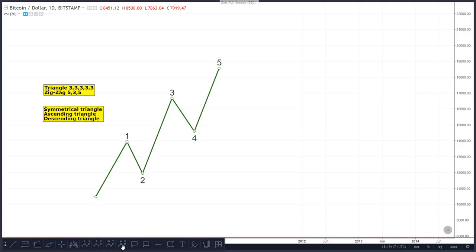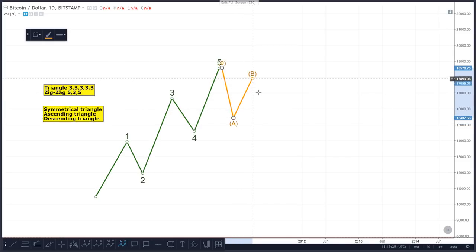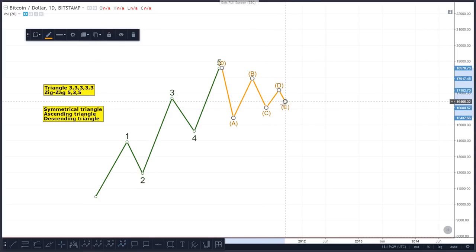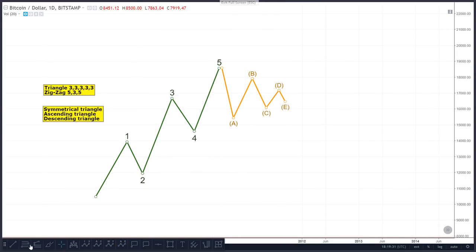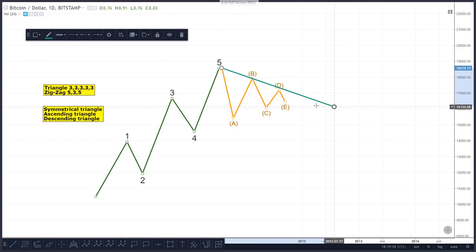Let me draw it first and then I'll explain it. This is our A, this is B, C, D, and E. Then the boundaries of our triangle are as follows.